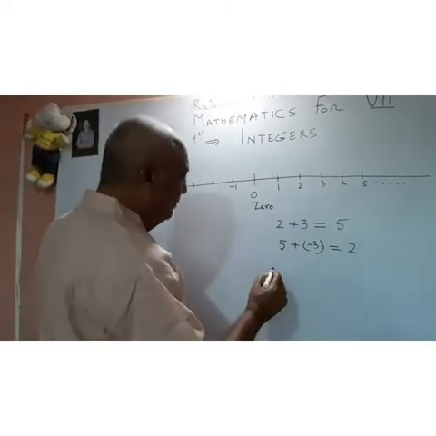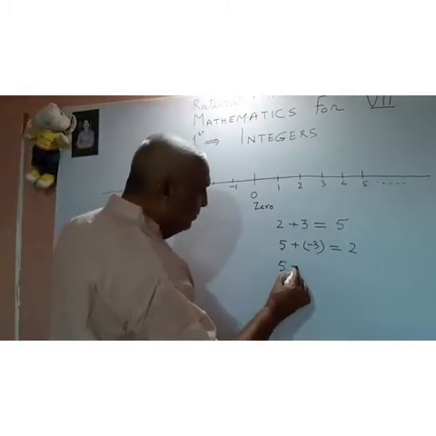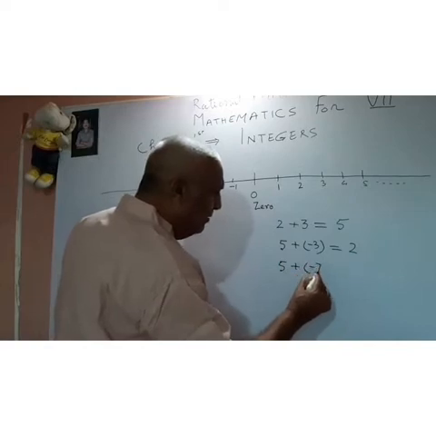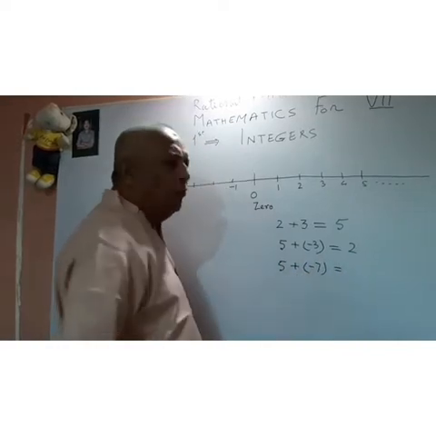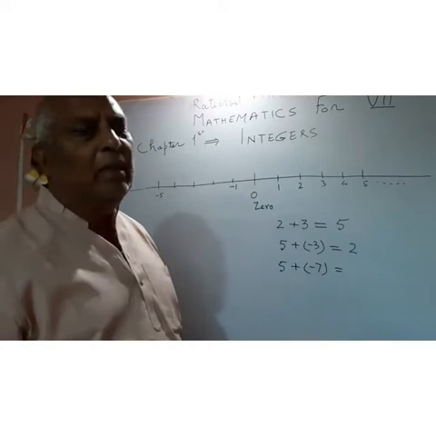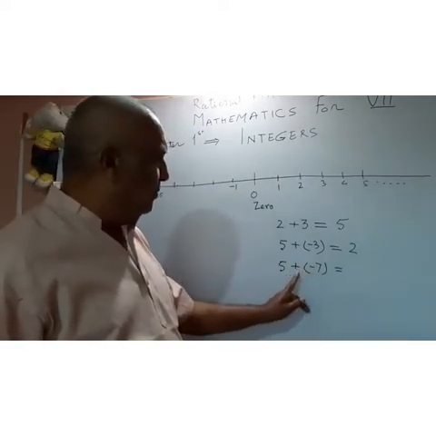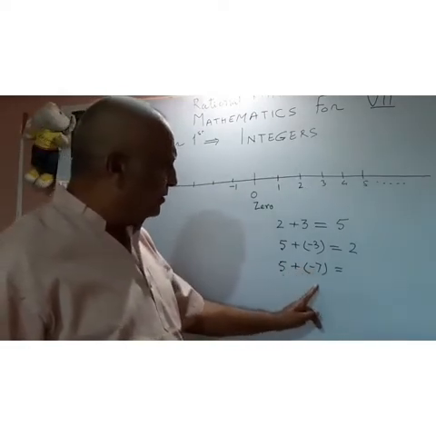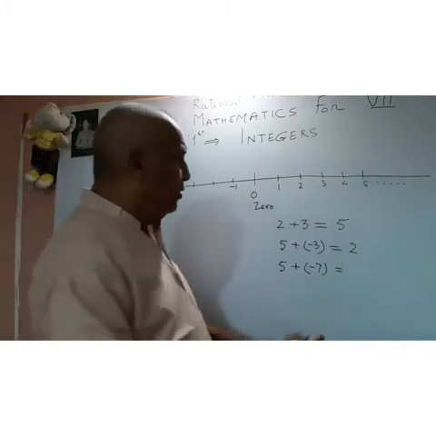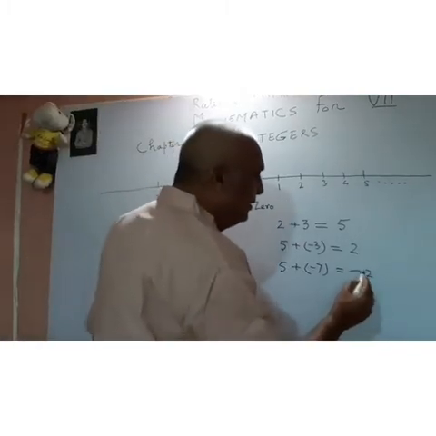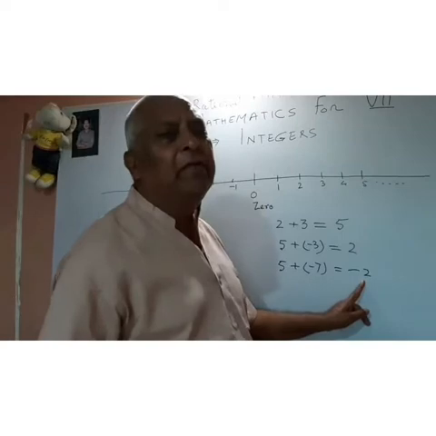If we have 5 plus -7, so what will happen? This plus and minus will make minus, 5 minus 7 will be -2. This is also an integer but negative integer.